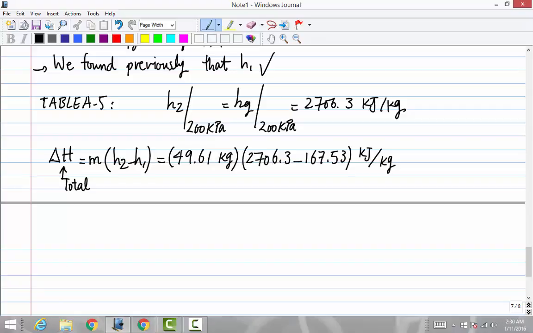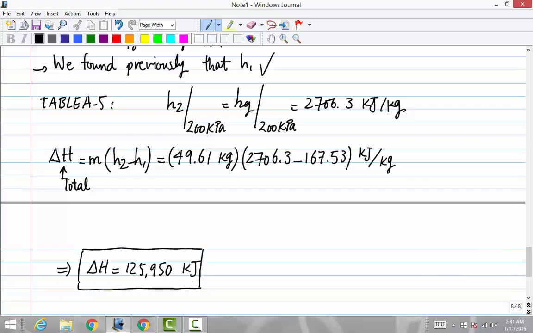And we know it is 125,050 kilojoule. Am I right? Let me check it with this number. Yes.